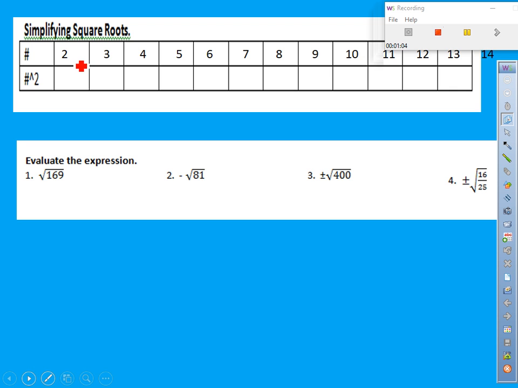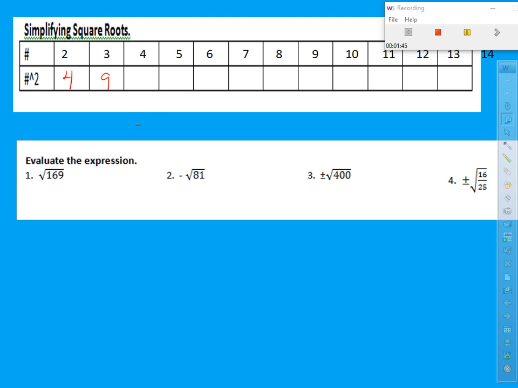I'm going to take the number in the top, in this case 2, square it and get 4. What does that mean? It means the square root of 4 is 2. The next number, 3 squared, is 9. Once again, it means the square root of 9 is 3. So the numbers in the bottom row will reduce nicely for us.